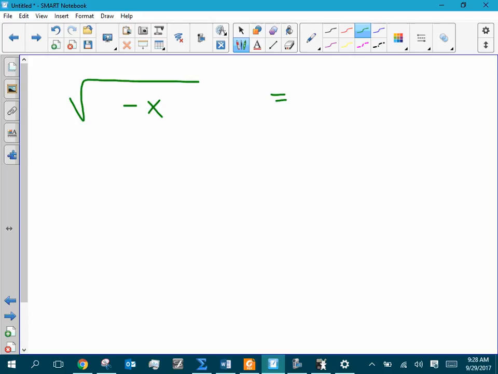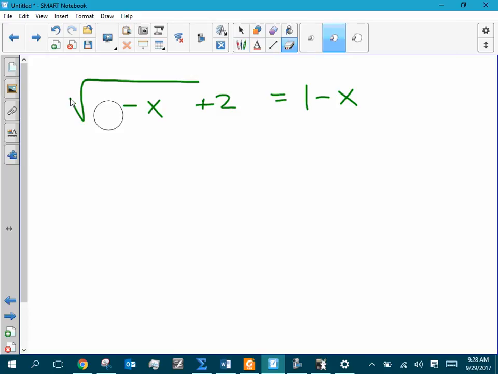What was here? Plus 2. What was over here? 1 minus x. Did everybody have a 7 there? I had 3. All right, give me somebody that had a 4, because that's very similar to the one we did last period. So with 4 minus x, if you had a 4 here, what was here? A 2? And this is still 1 minus x?